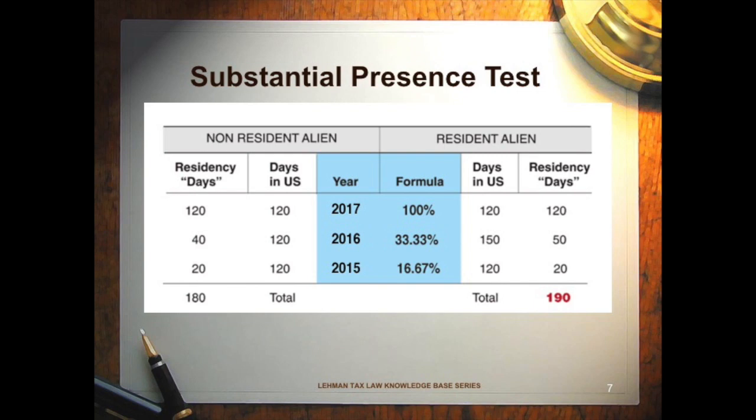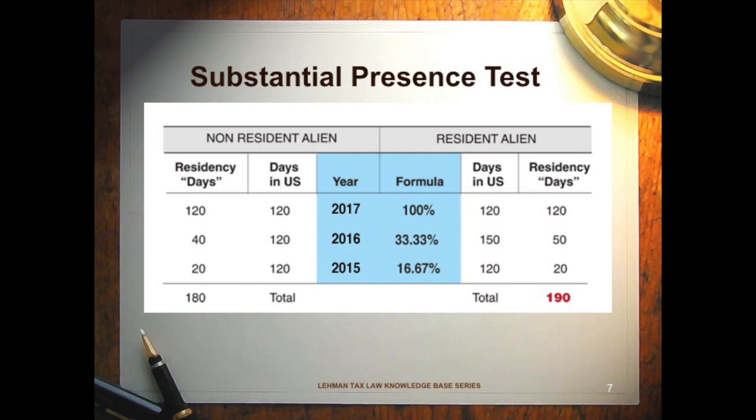So you'll see from the chart that if you're here 120 days in 2016, it means the amount of time counted towards your residency period is only 40 days. Then we go back to the second year before the measuring year. We go back to 2015. Here in 2015, the taxpayer spent 120 days also.